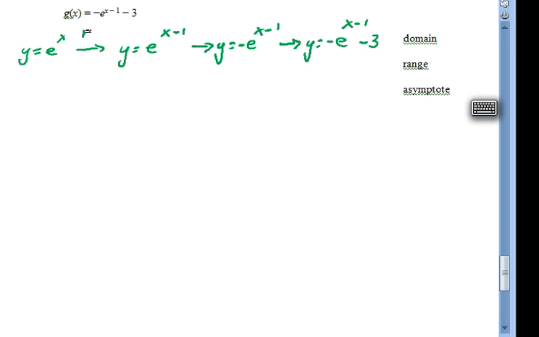So we go right 1, across the x-axis, and down 3.